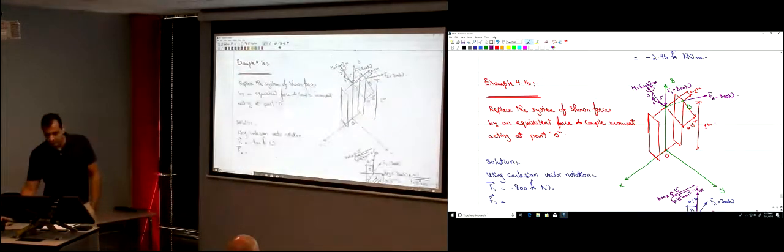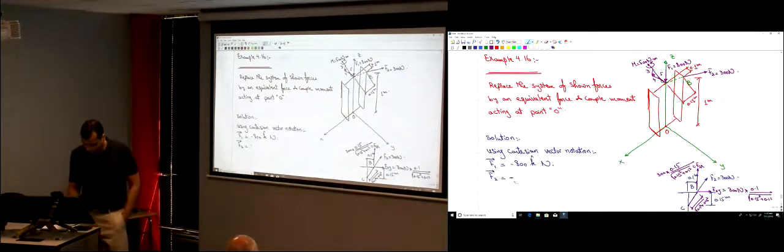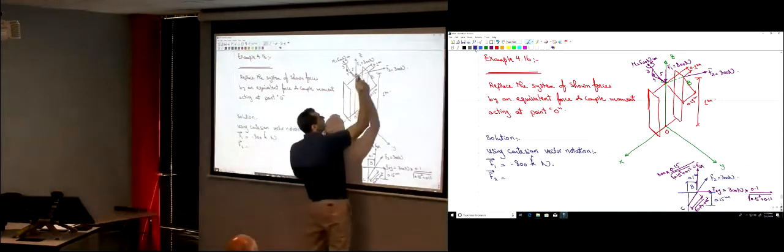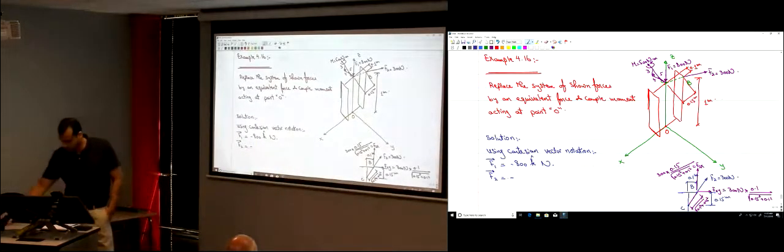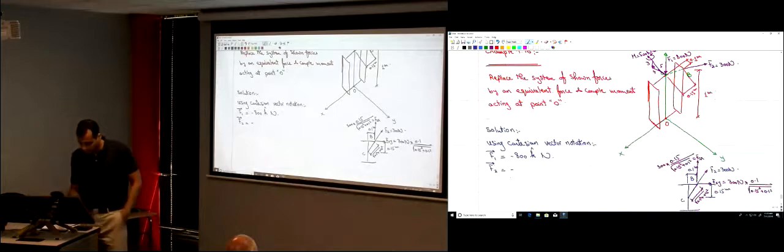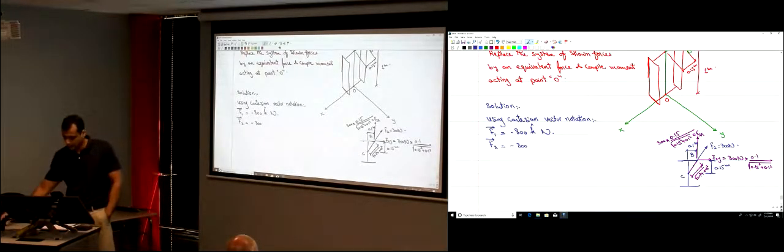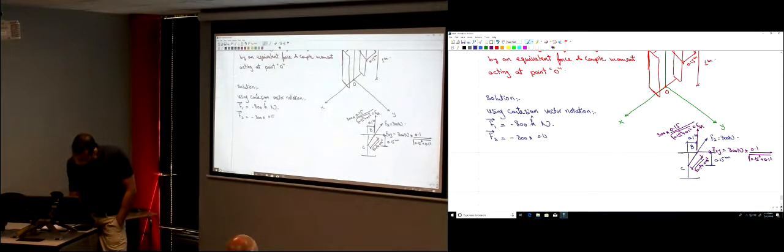So now, the force in the x, it's negative. As you see, this is the positive x-axis. It's going in the opposite way, right? So it's negative 300 multiplied by 0.15 divided by the square root of 0.15 squared plus 0.1 squared, i.